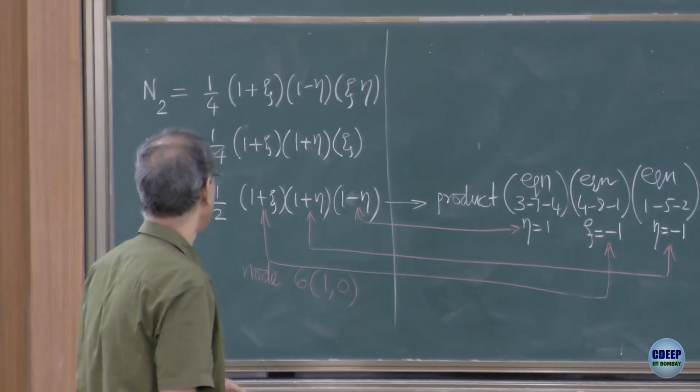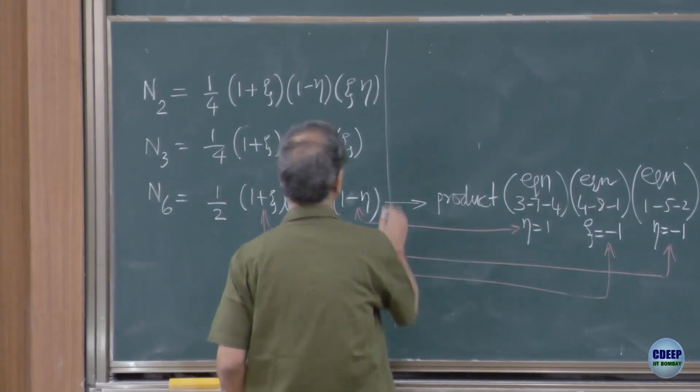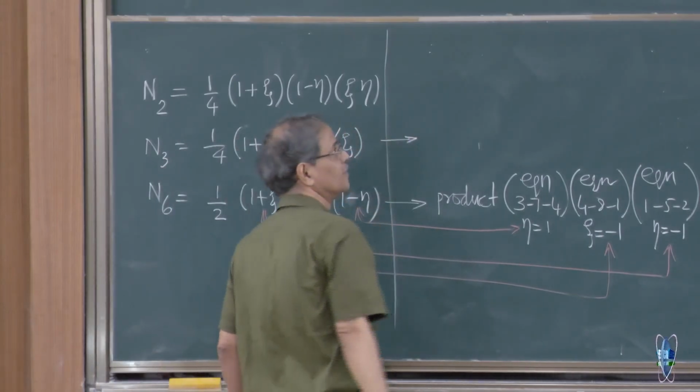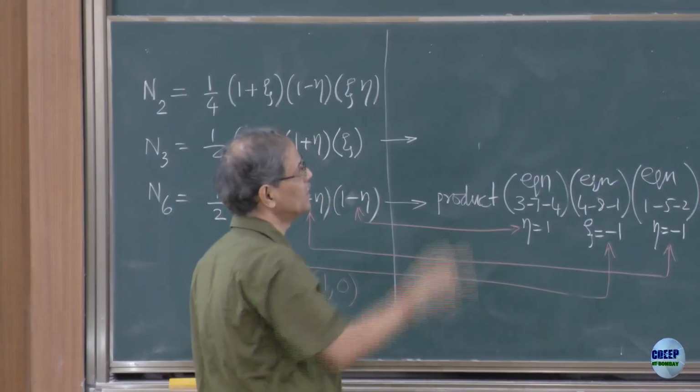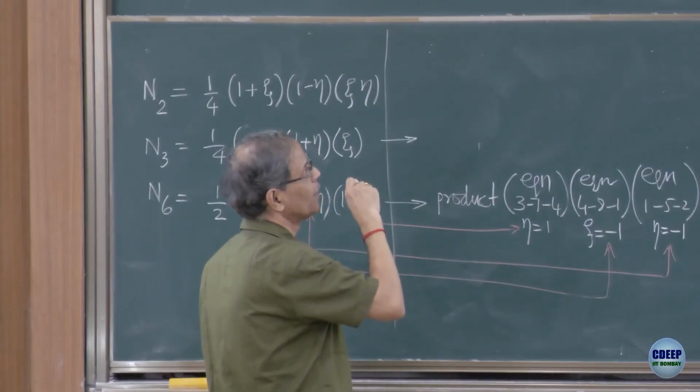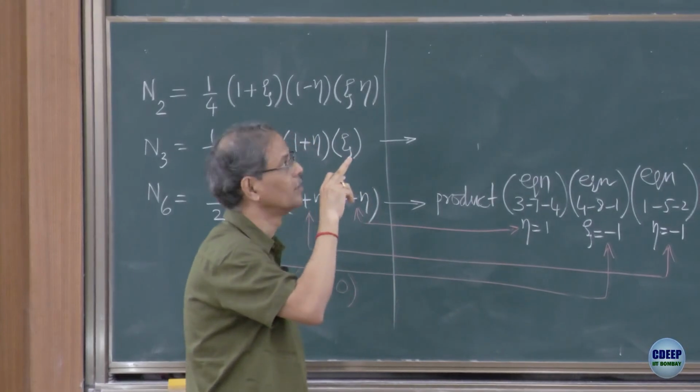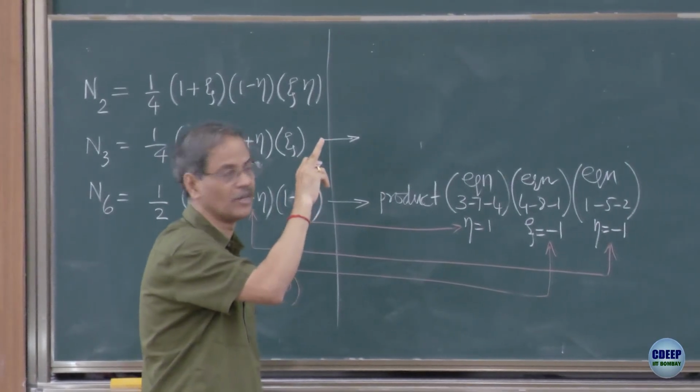N3. Now where is N3? N3 is the corner vertex, right?